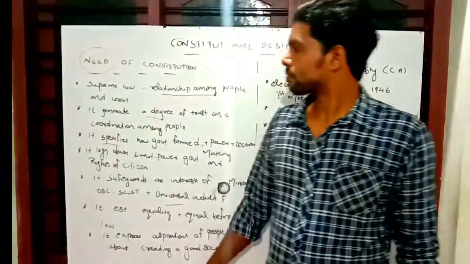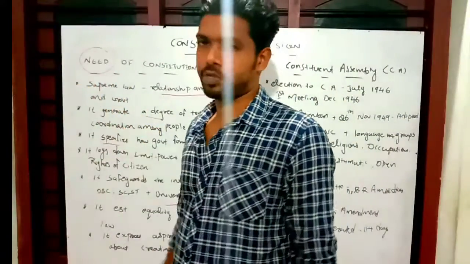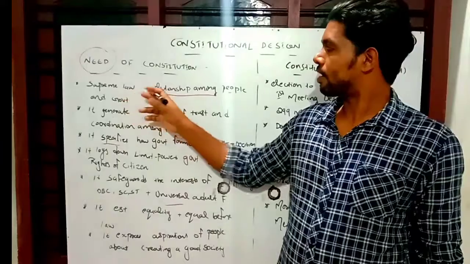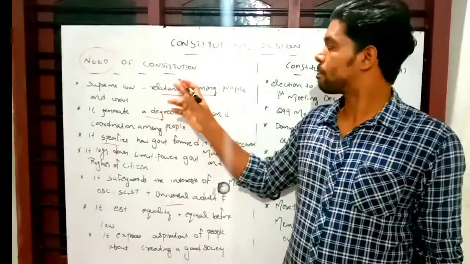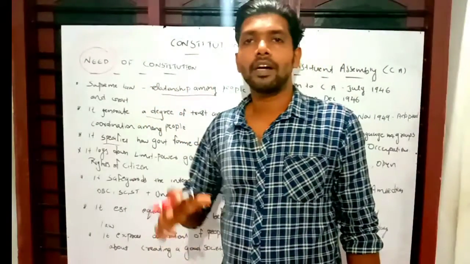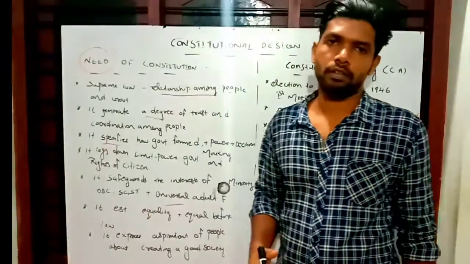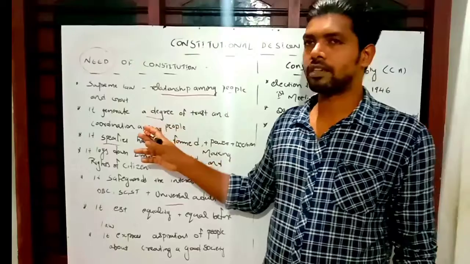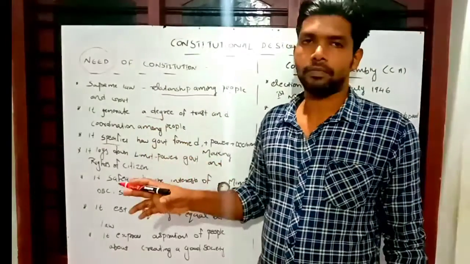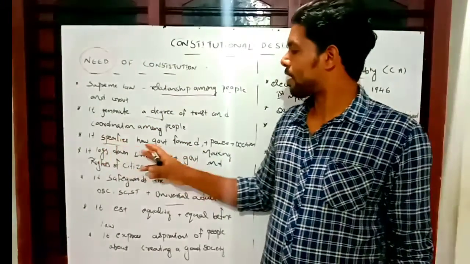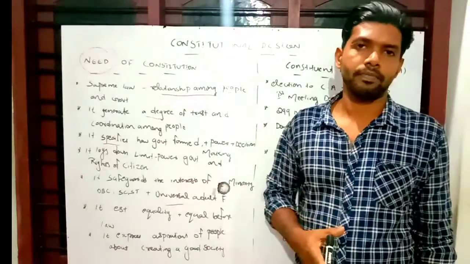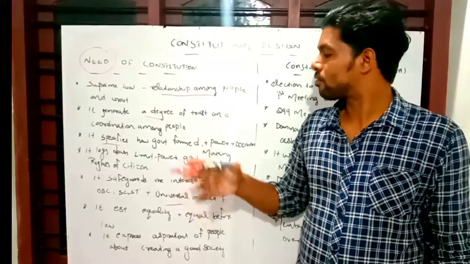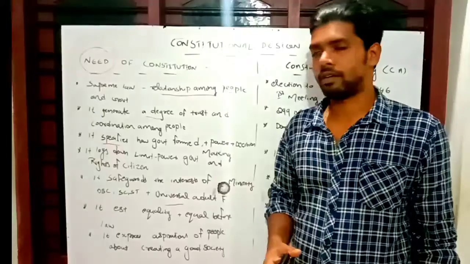So once again, first, what do I mean by a constitution? It is a supreme law that tells us about the relationship among the people and the relationship between the people and the government. Second, it generates a degree of trust and coordination among the people. Third, it specifies how the government is formed in one country, who will take the decisions, and the power of the government.